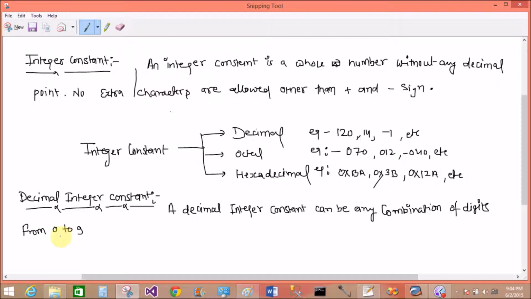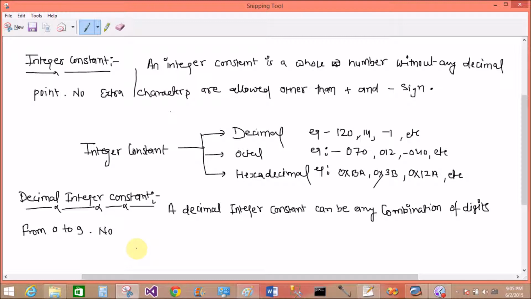If you know a little bit about digital electronics, where we use decimal numbers, binary numbers, hexadecimal numbers, the concept is picked from digital electronics. So a decimal integer constant can be any combination of digits from 0 to 9.